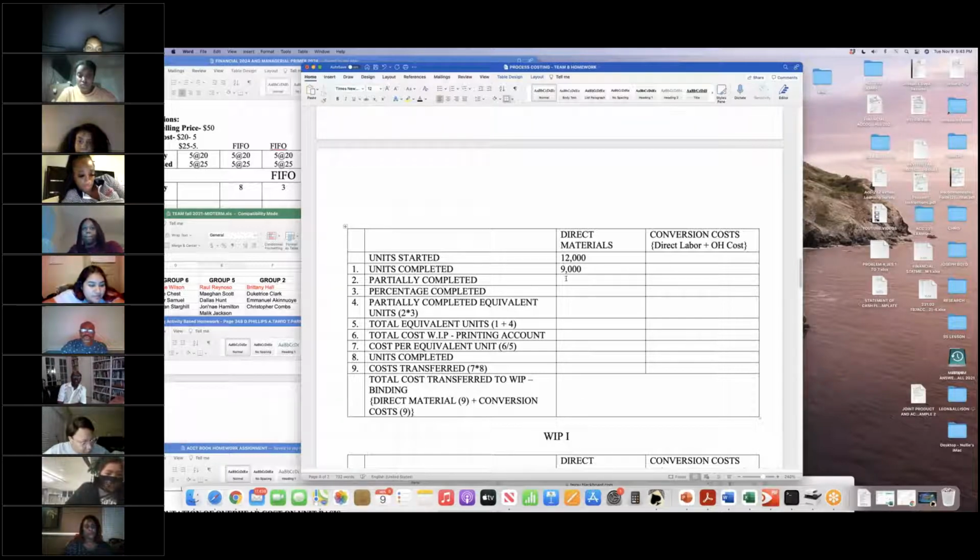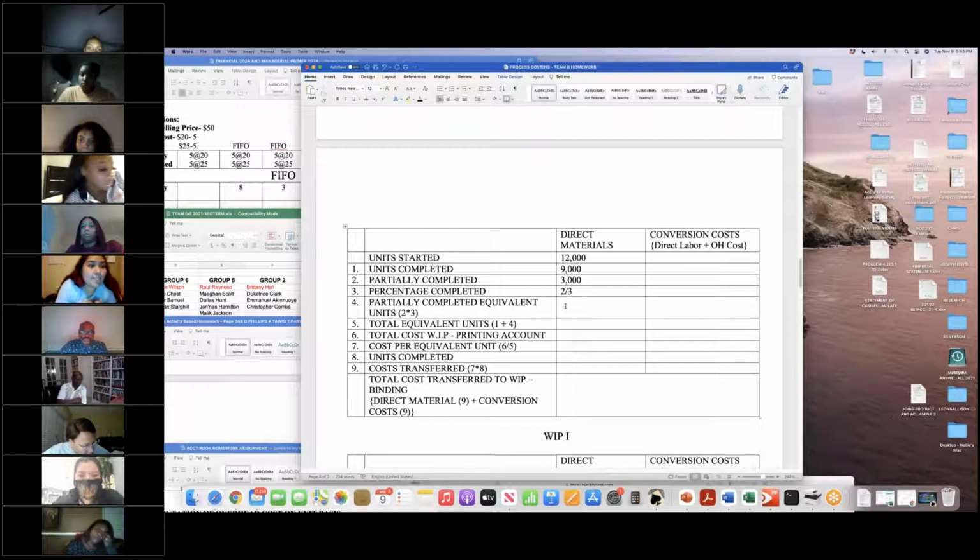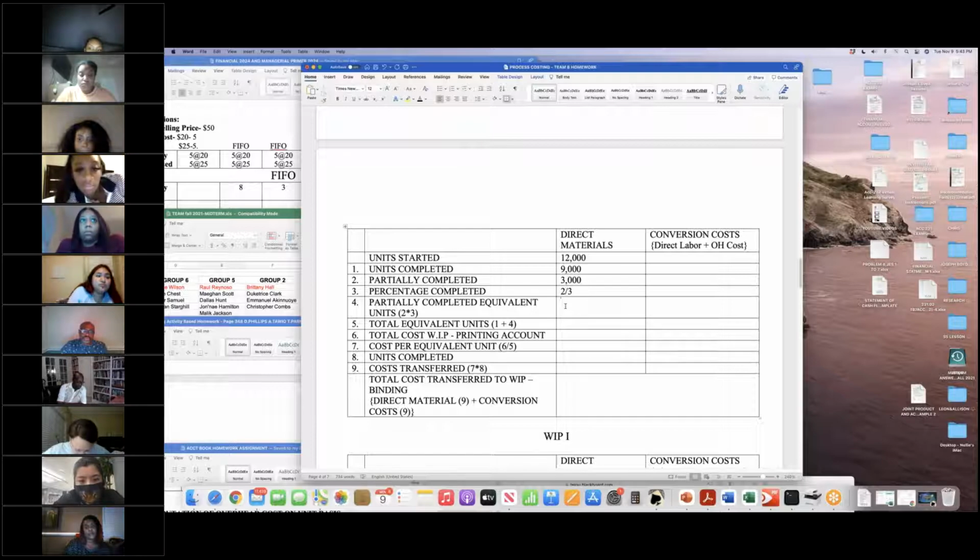How many then were partially complete? 3,000. And what was that percentage? 2/3, right? 66.66667%. So what's the partially equivalent then? 2,000. Yep.